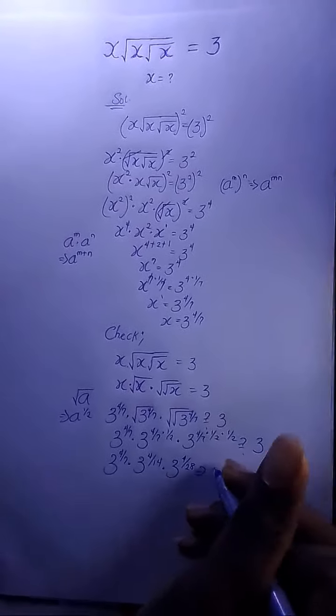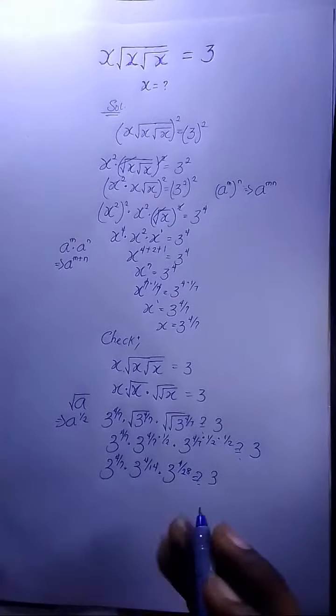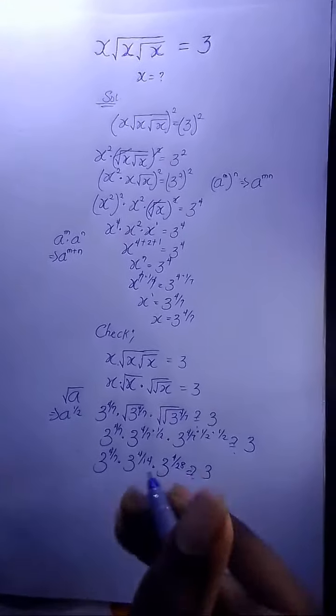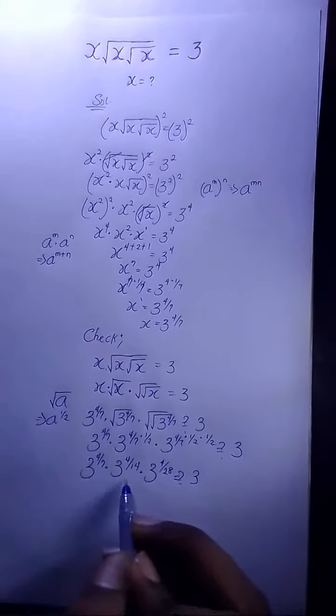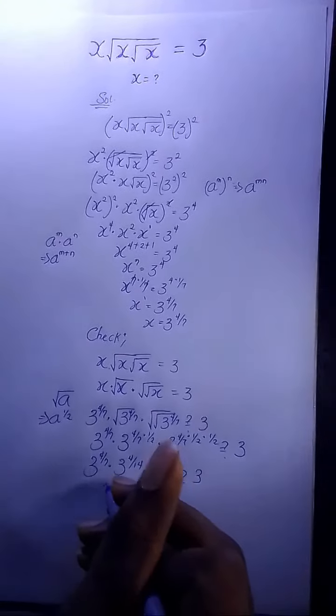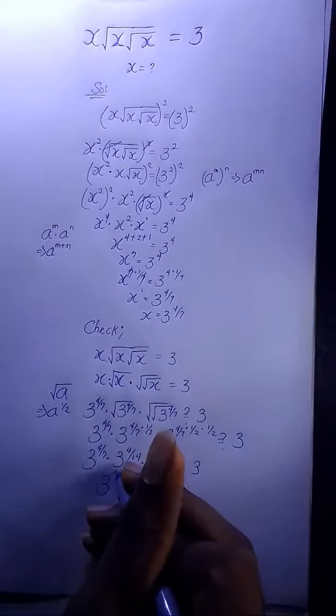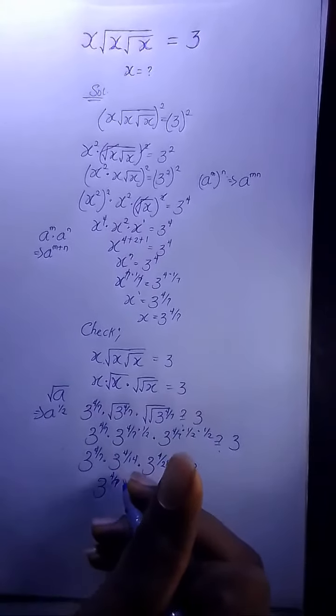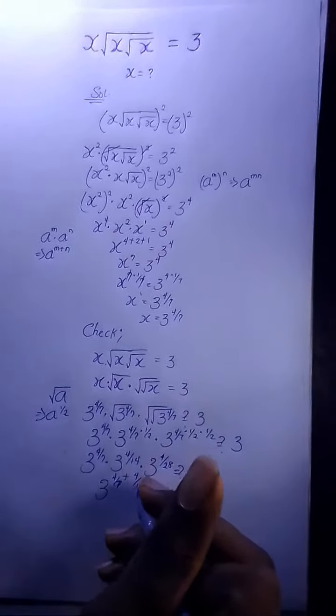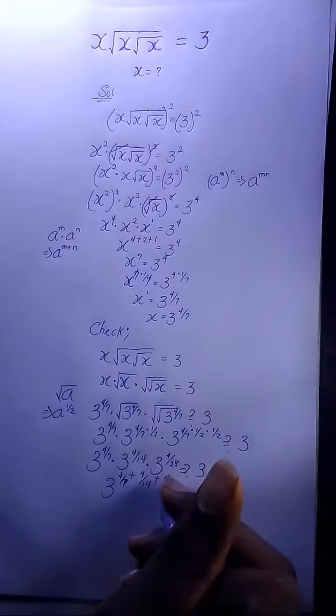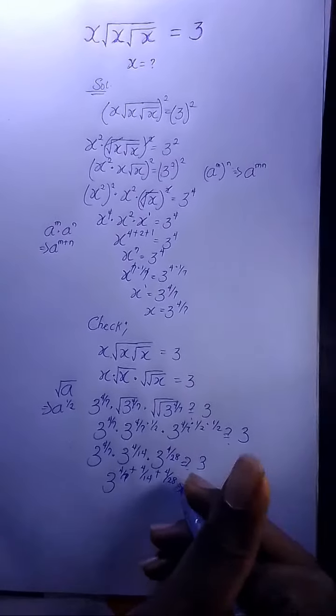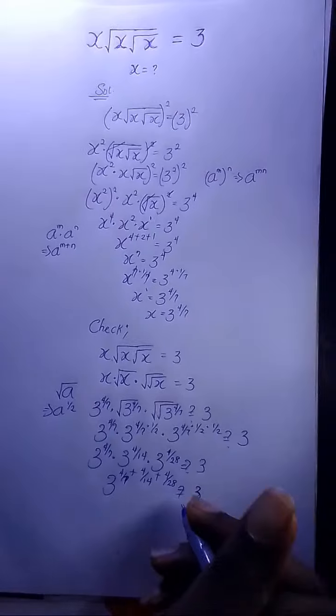Does it give us 3? What's the next thing to do? We have all the bases the same, 3, 3, 3, so let's add the powers: 3 raised to the power of 4 over 7 plus 4 over 14 plus 4 over 28. Does it give us 3?